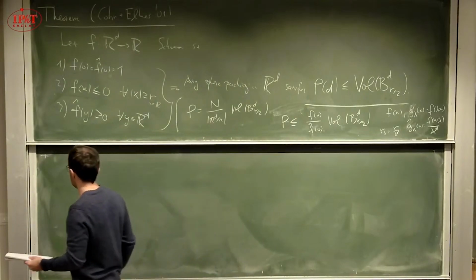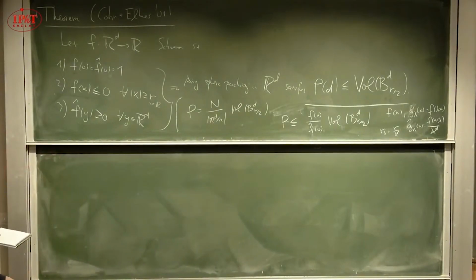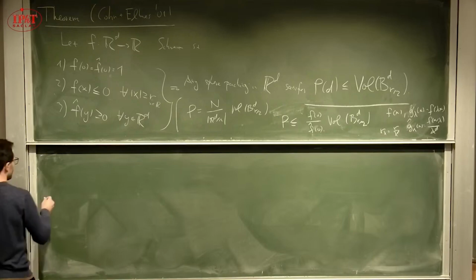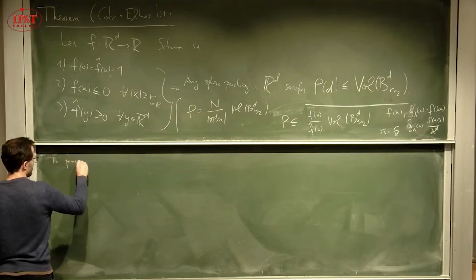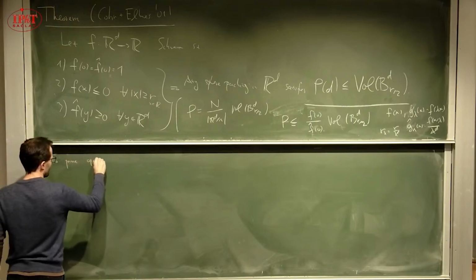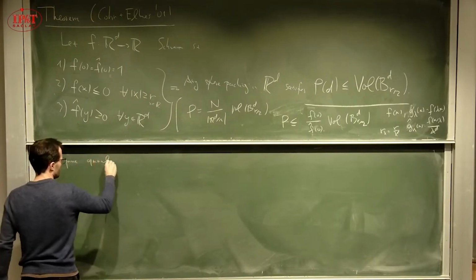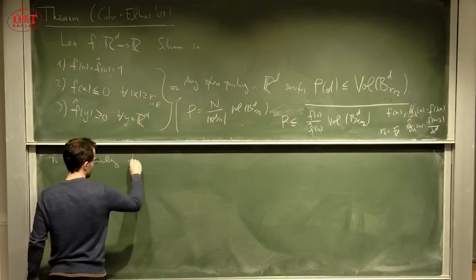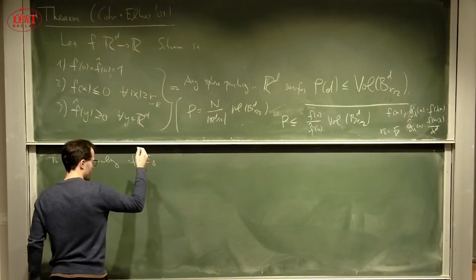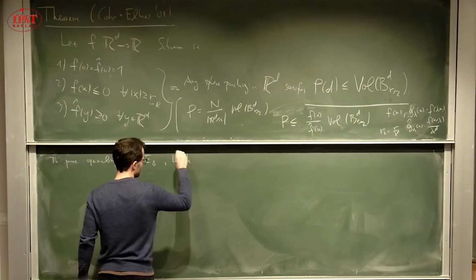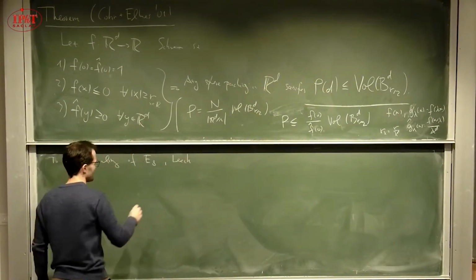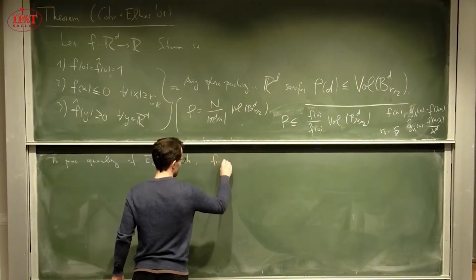Okay, so now to prove optimality of E8 and the Leech lattice, you just need to find the right F in 8 and 24 dimensions.